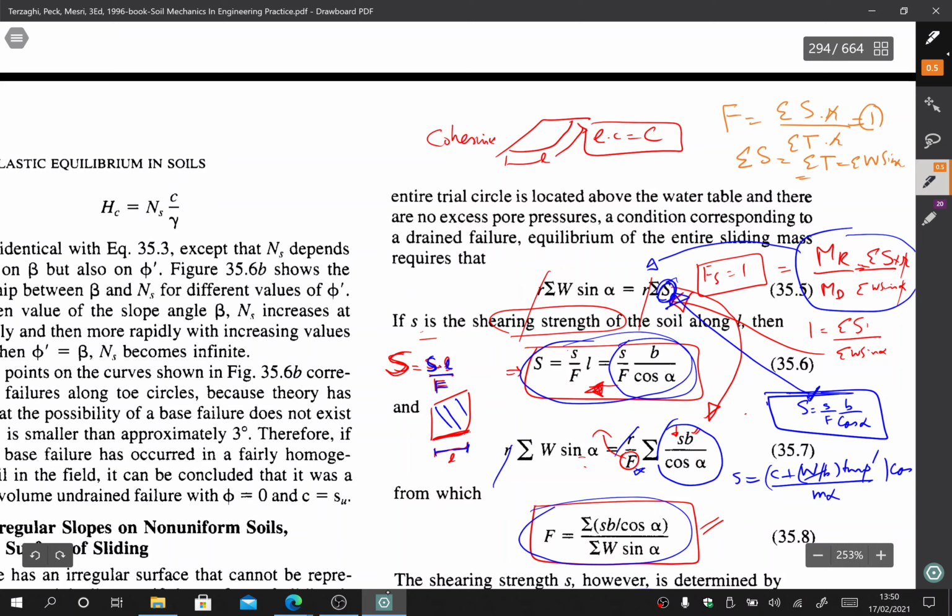All right. So this is shear strength. I'll write this equation separately that has been mentioned here. This equation.